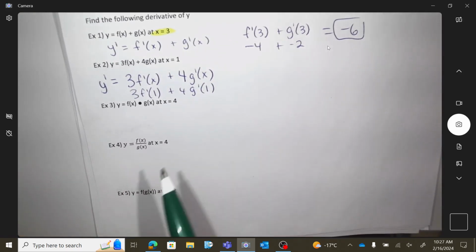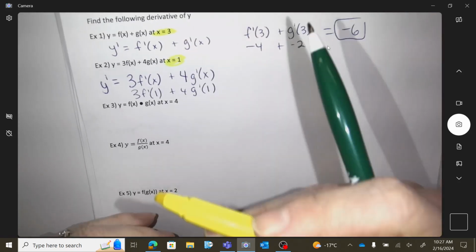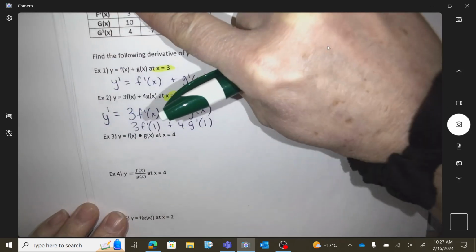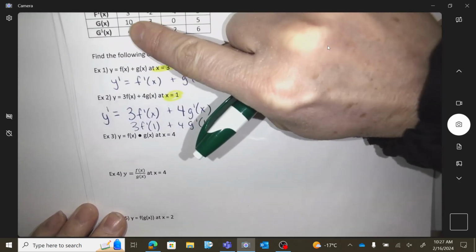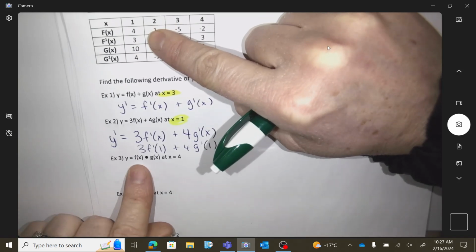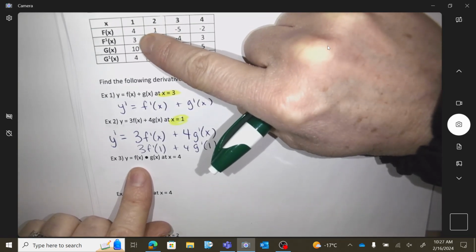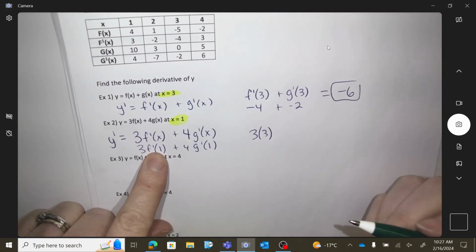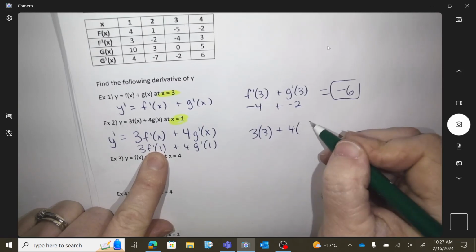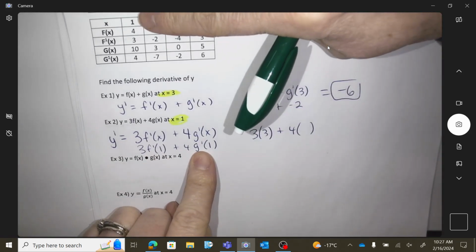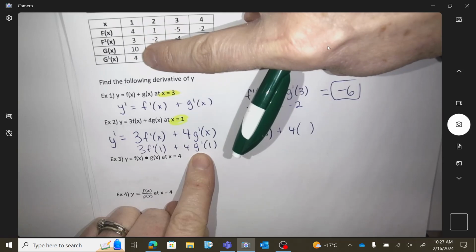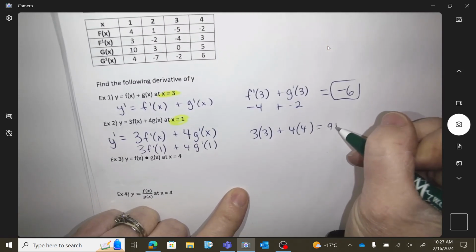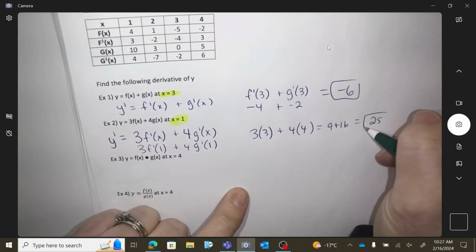Specifically at x equals 1. So go to your chart. Go to x 1, so you just have to look in the first column. X value of 1, so f prime is 3. So 3 times 3 plus 4 times, at 1, the g prime is 4. So 9 plus 16 is 25.